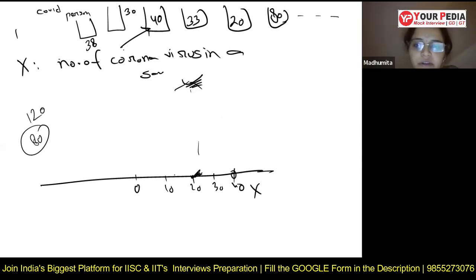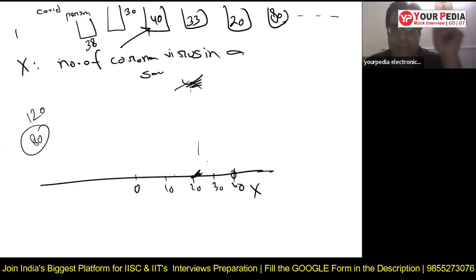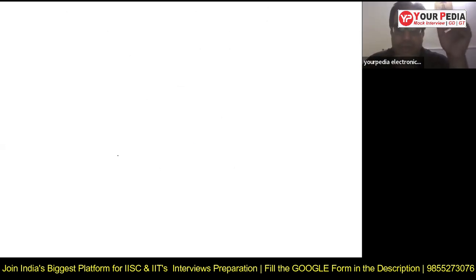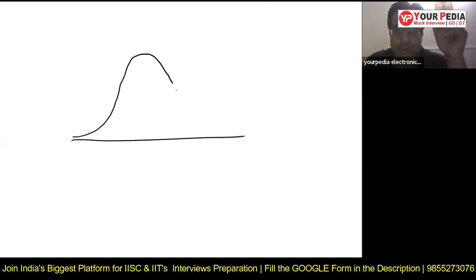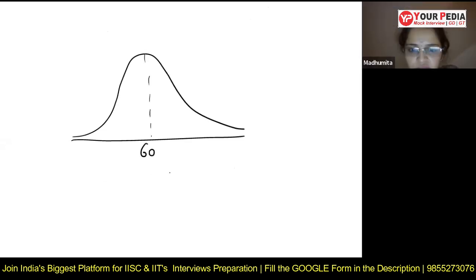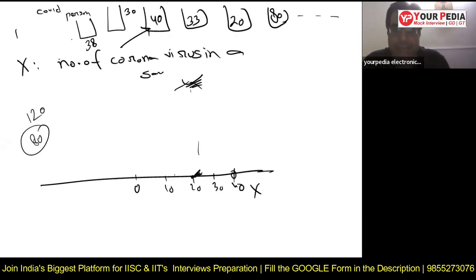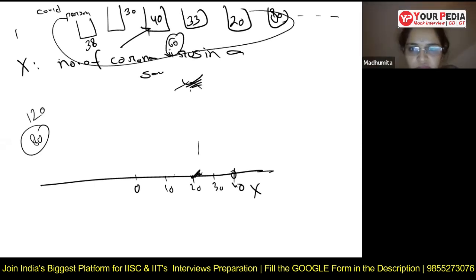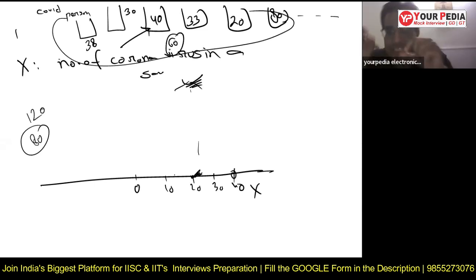Now, suppose this is normally distributed and this normal curve is followed. Suppose the mean is 60. We have taken different samples, and the average of all these is, suppose, 60. On an average, per person there are 60 coronavirus.